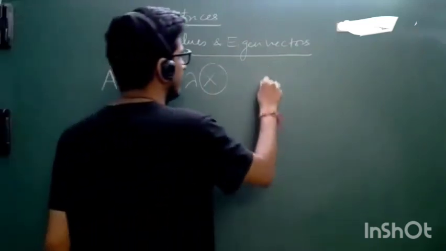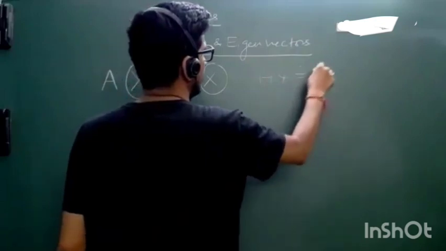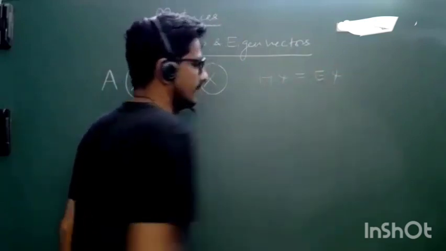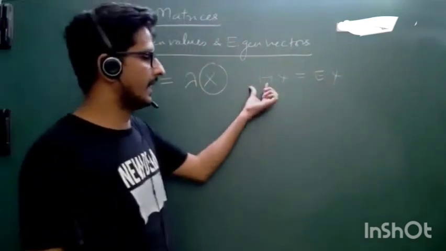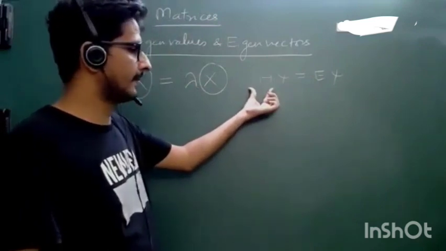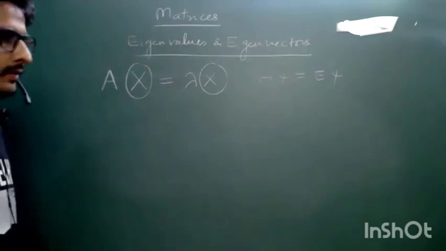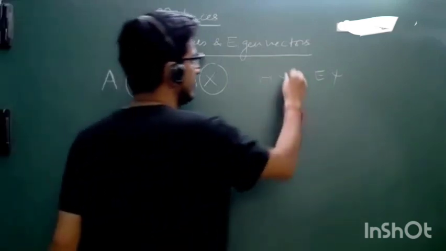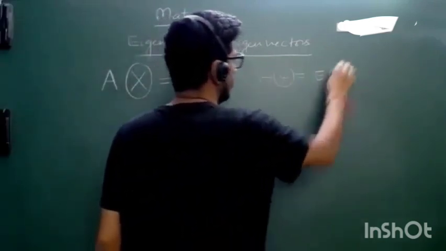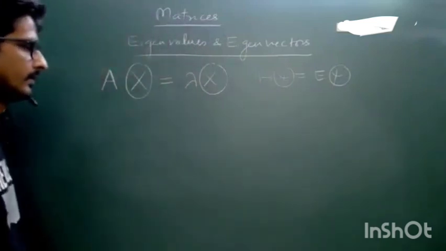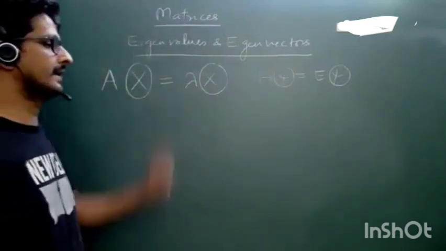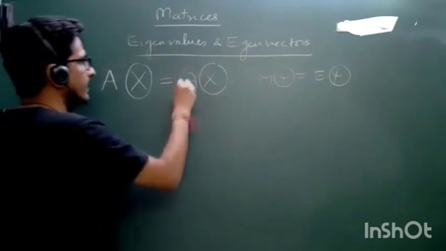Like there you write it like this: H of psi is equal to E of psi. Okay, so this is a Hamiltonian matrix there, and if you apply this, what you get is the same value of matrix here. Okay, so similarly you will get the same value here and a number.